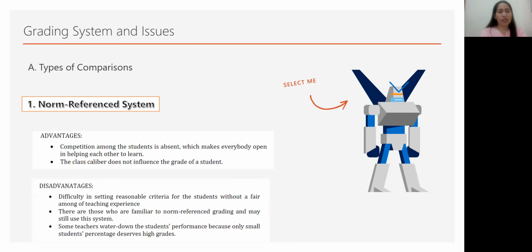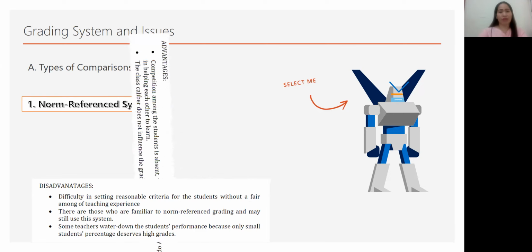The disadvantages are the difficulty in setting reasonable criteria for the students without a fair amount of teaching experience. There are those who are familiar with norm reference grading and may still use this system. Some teachers water down the students' performance because only a small percentage of students deserves high grades.